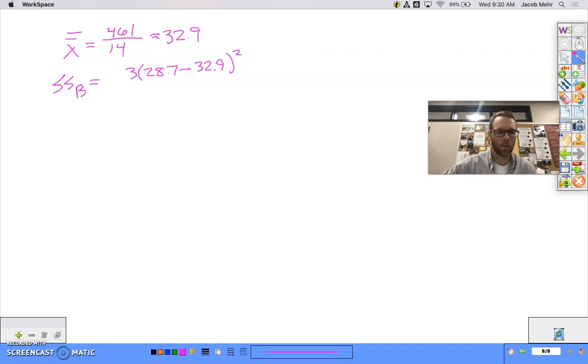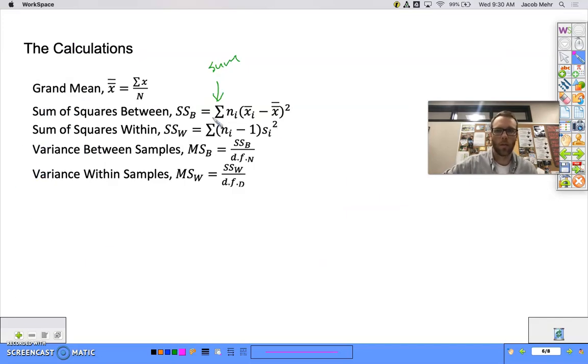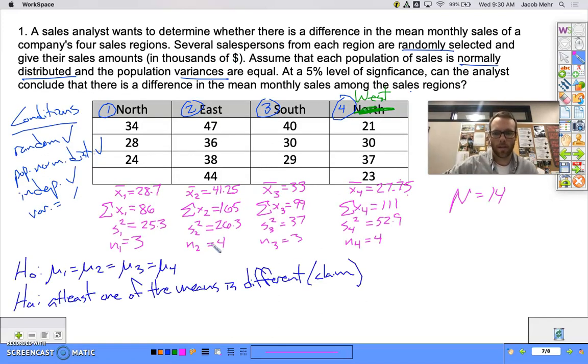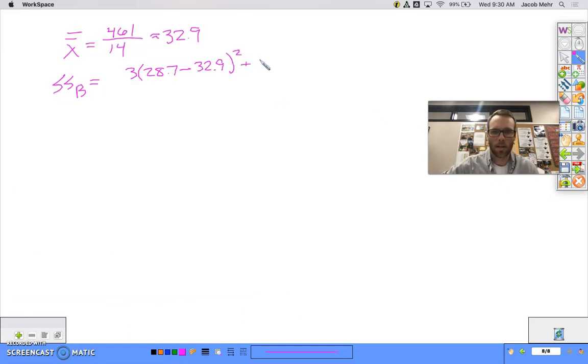That's for the first sample. Now we have to add this up for each sample. There's i's here, and that's just for the different sample 1, sample 2, sample 3, sample 4. So now we do that for the next. Sample size 4. The x bar for this sample is 41.25. So plus 4 times 41.25 minus 32.9, squared.